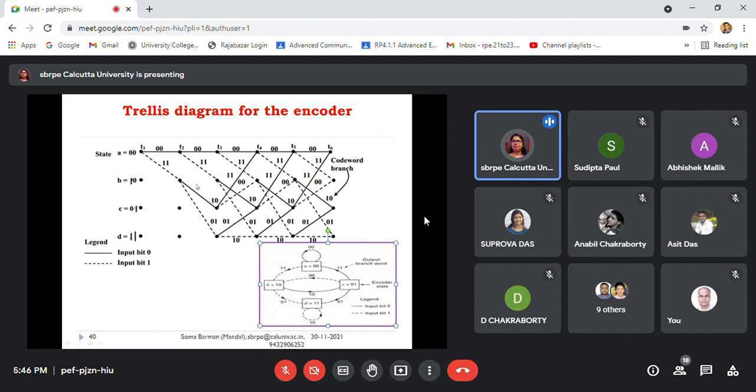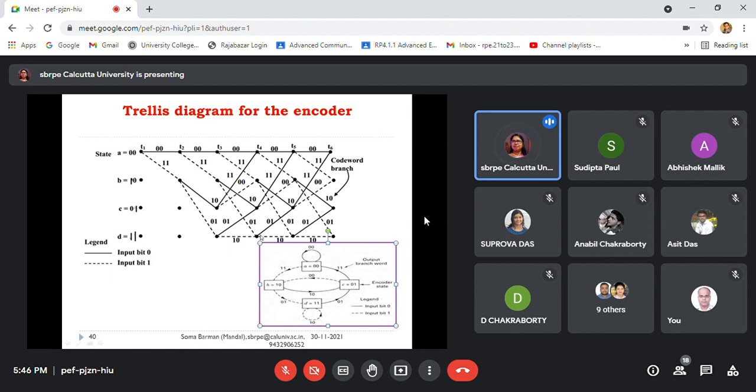In the B node, after the third stage, that means the T4 instant, two paths merge, this path and this other path. The C node also has two paths merging, and in the D node two paths merge. Why do the paths merge after the third stage?